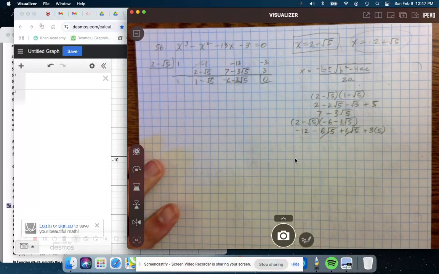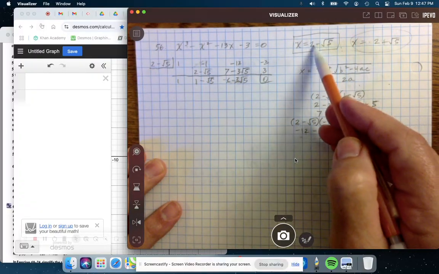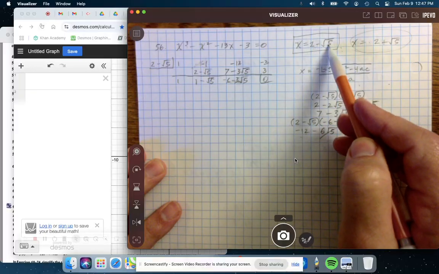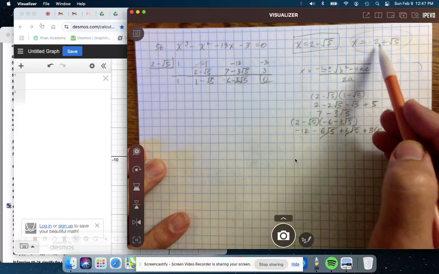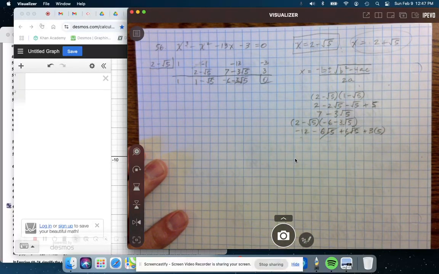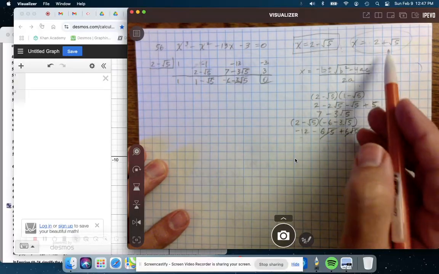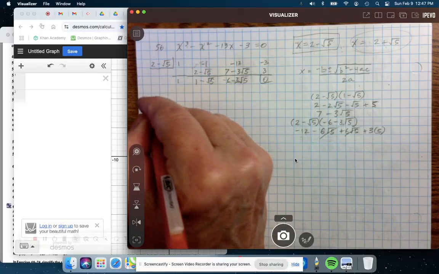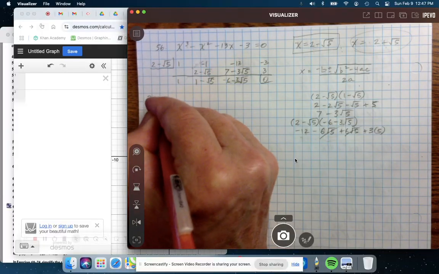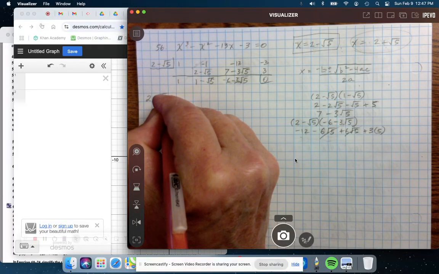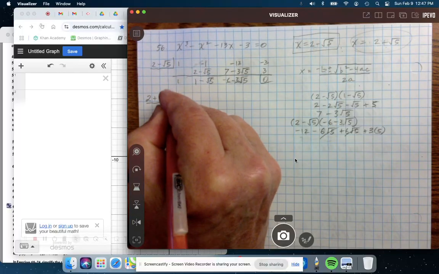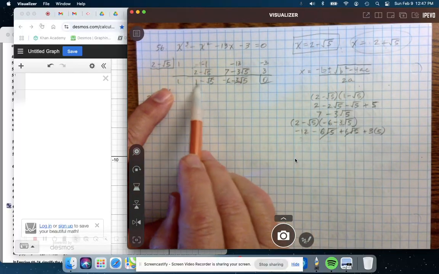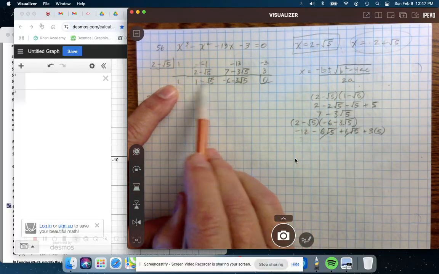So this trick that if 2 minus the square root of 5 is a 0, that means 2 plus the square root of 5 also has to be 0, which means if I divide this by this, it should go in. So I'm going to divide 2 by 2 plus the square root of 5, and I'm going to use these coefficients, right?